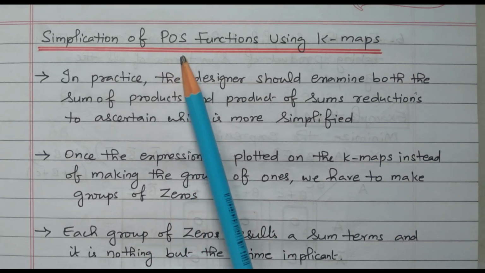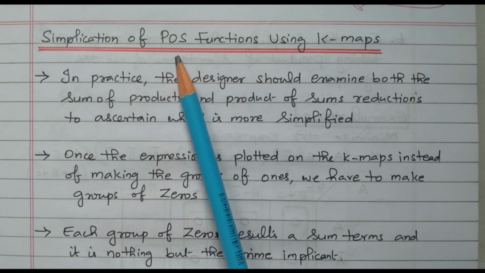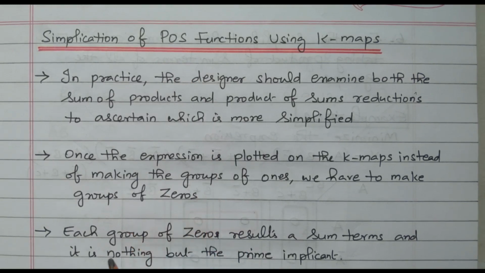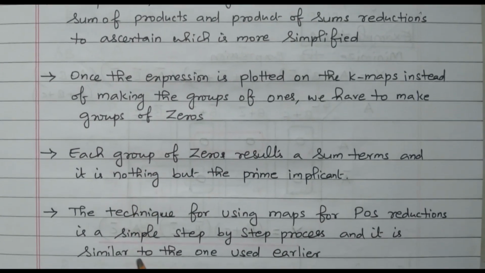So in POS function everything is inverse of SOP function. In SOP we mark it as 1, here we need to mark it as 0 and group the zeros. There we group the ones. Each group of 0 results in a sum term, and it is nothing but the prime implicant. Each group of 0 is a prime implicant.